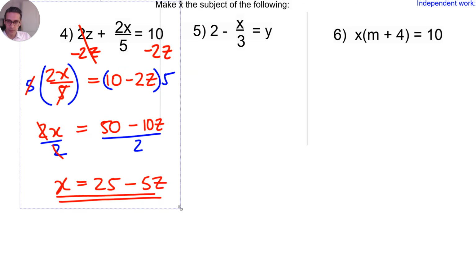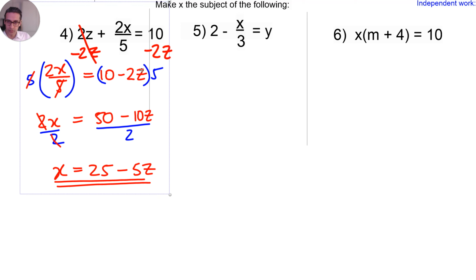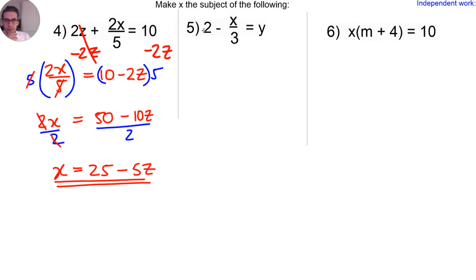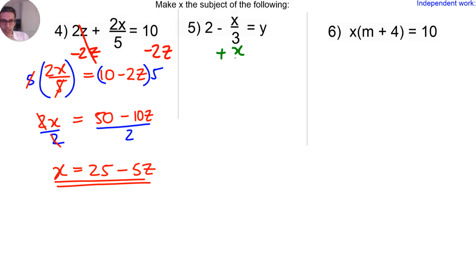We want to isolate x here, so we are going to add x over 3 first. Because it's negative, you'll see why that's a good first step. So that becomes 2, that's a 0 pair, is equal to y plus x over 3.